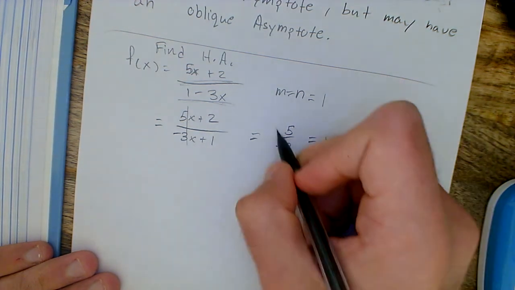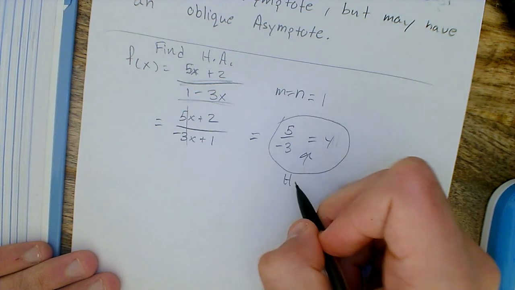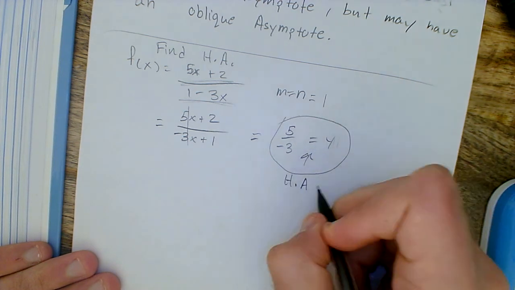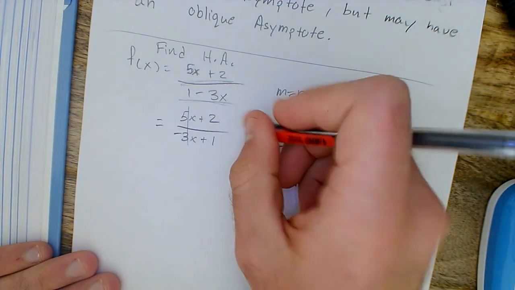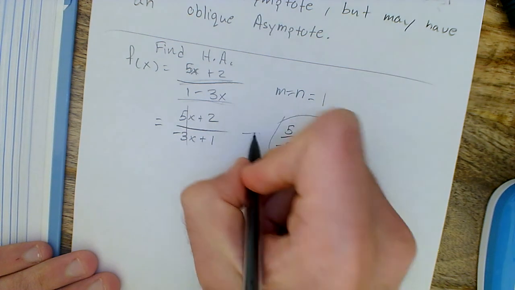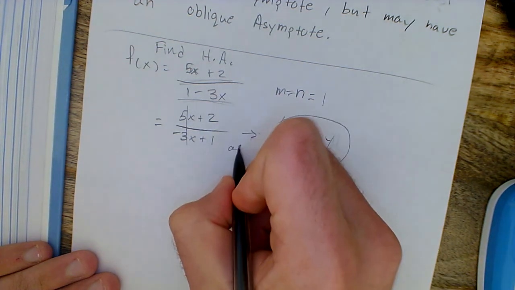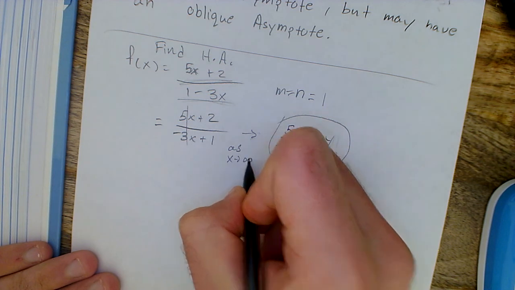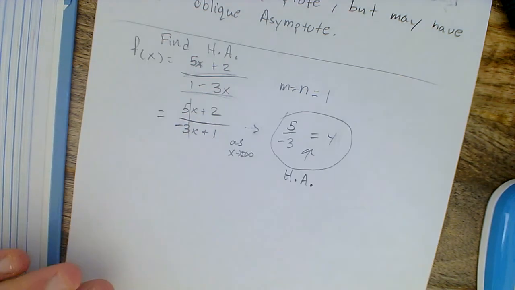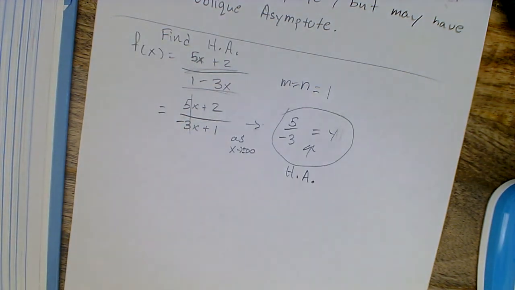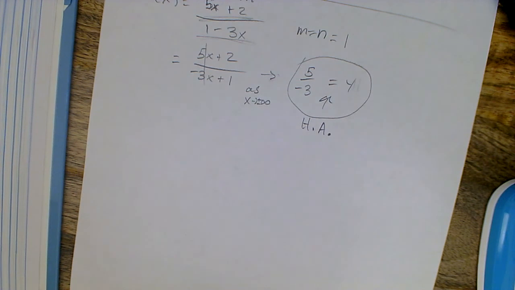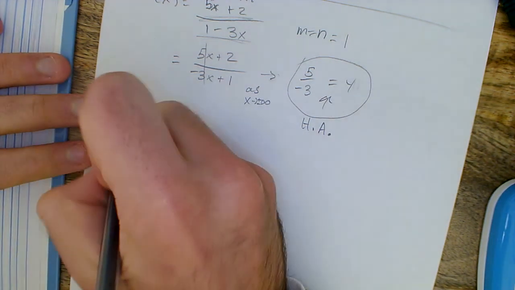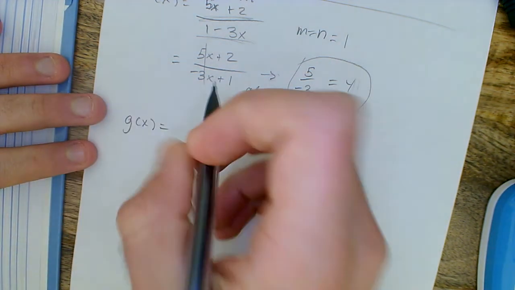So y equals 5 over negative 3 is a horizontal asymptote. So that's how you do it for that one.